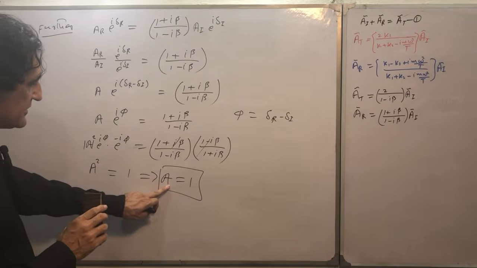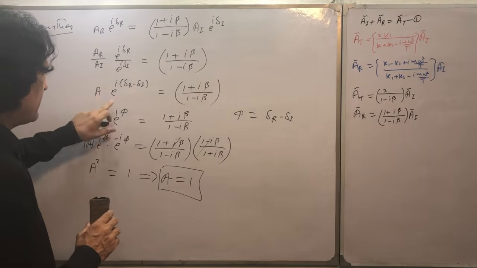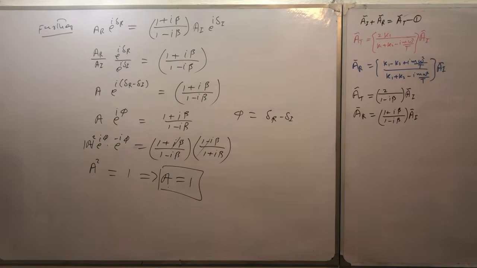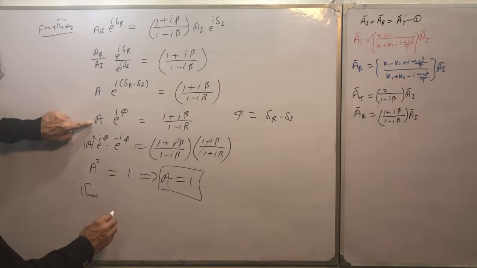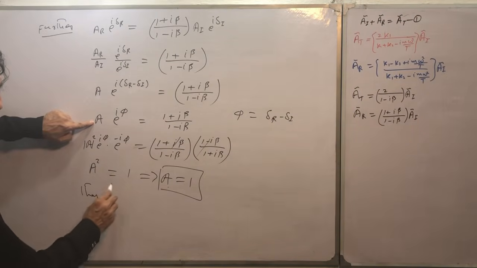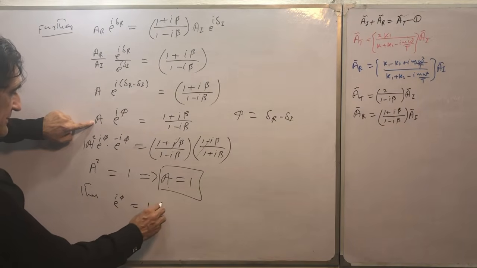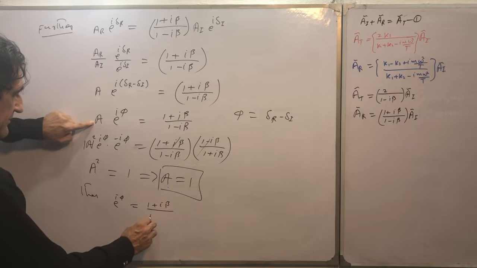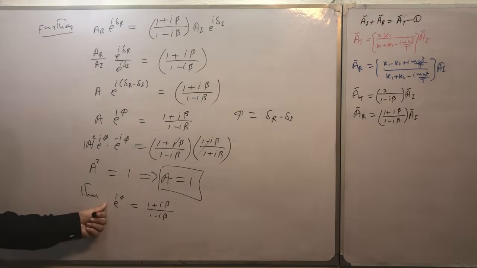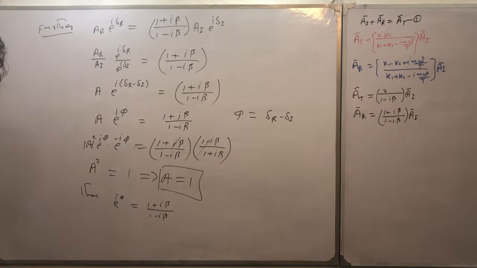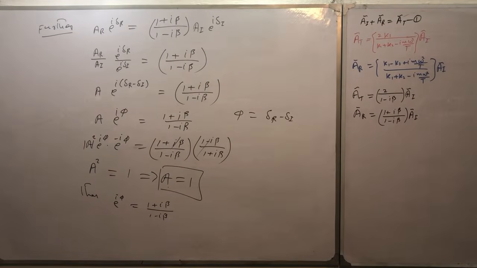If we find out A is equal to 1 and then put the value here, then e to the power iota phi is equal to 1 plus iota beta over 1 minus iota beta, because we put the value of A, which is equal to 1, and now we have this equation.